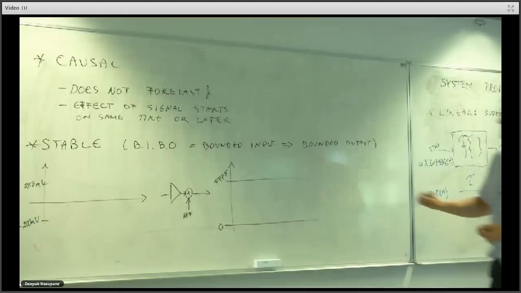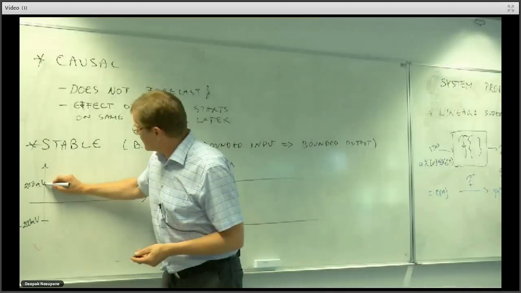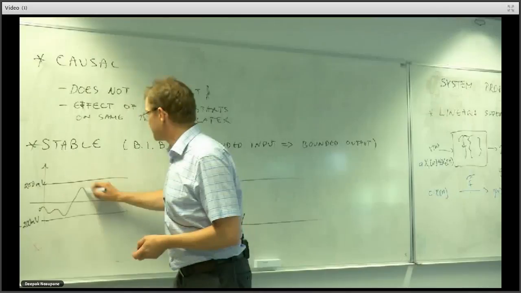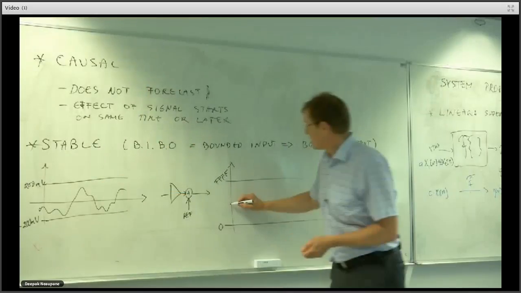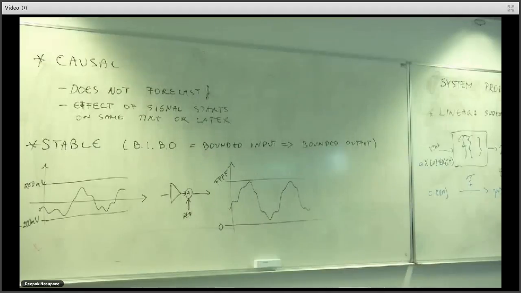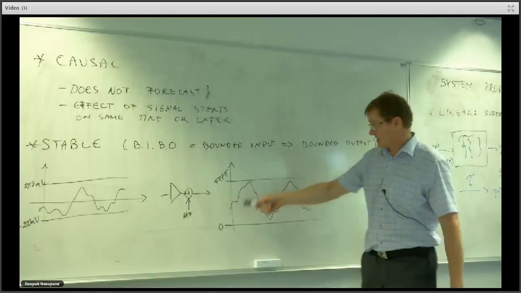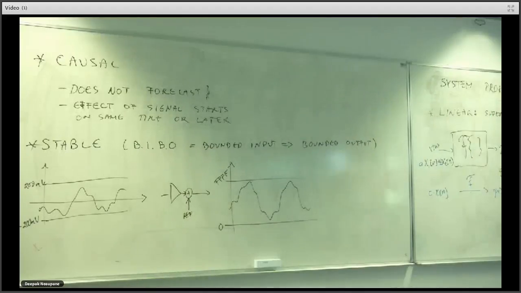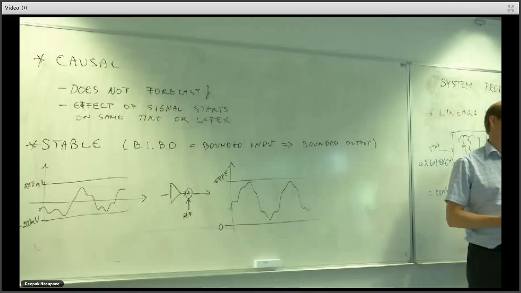These are the bounded input. Then the bounded output would mean simply that the gain and the level shifting have been designed so that it actually fills the A to D conversion range. Easy. Okay.